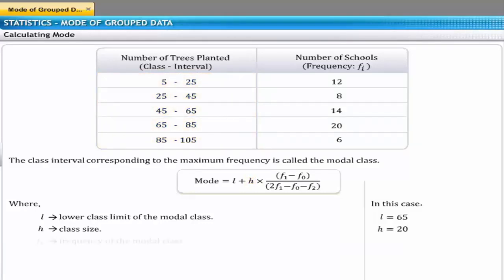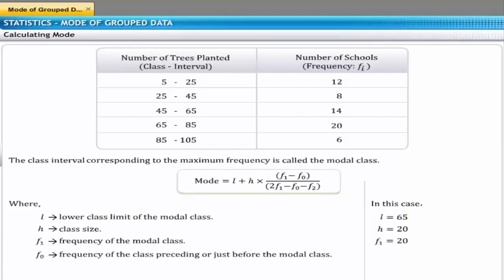Next, in the formula, F1 stands for the frequency of the modal class. In this case, the modal class is 65 to 85 and its frequency F1 is 20. Moving on in the formula for mode, F0 stands for the frequency of the class preceding or just before the modal class.